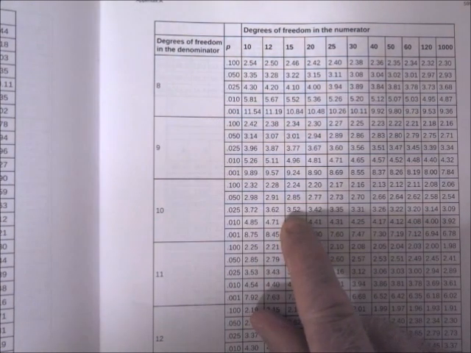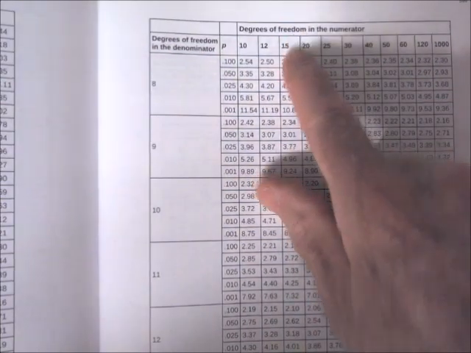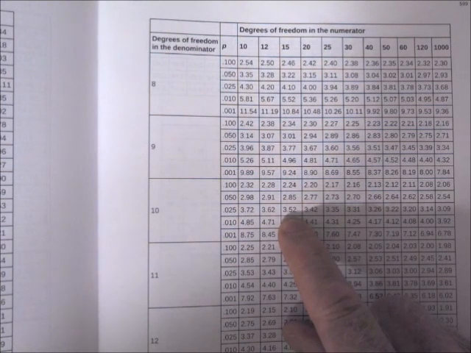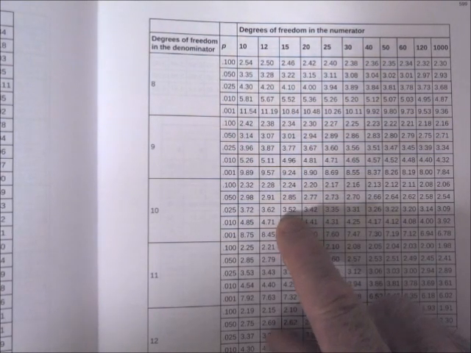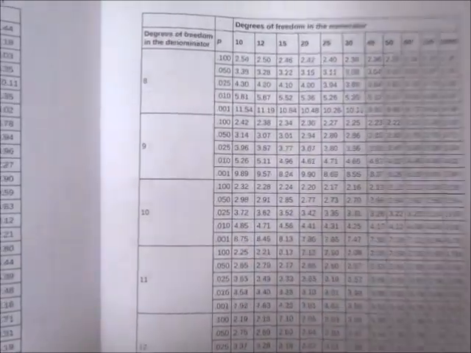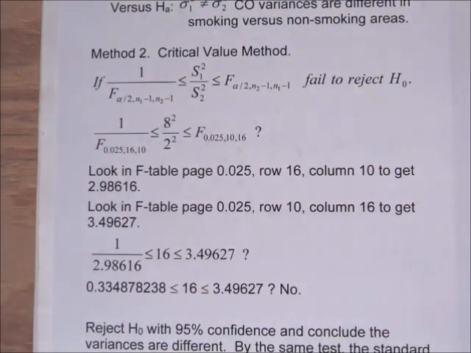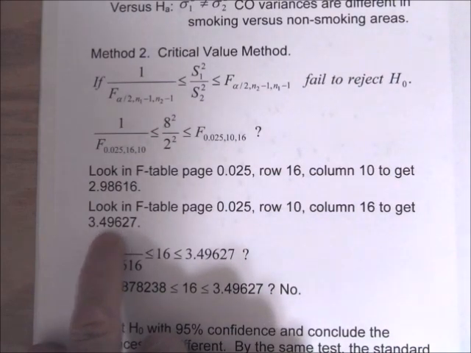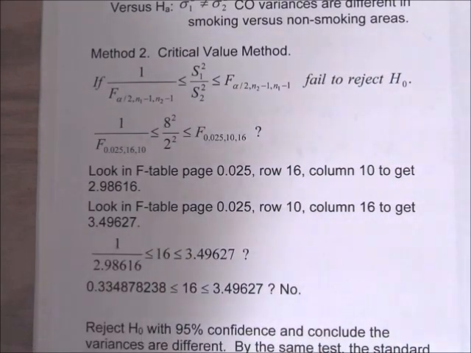Well, the closest one to 16 is 15, so it could be somewhere around 3.52, maybe somewhere around 3.5. It's approximately 3.5, let's say. I think in my table in the course files I got 3.49 something, but let's say approximately 3.5.